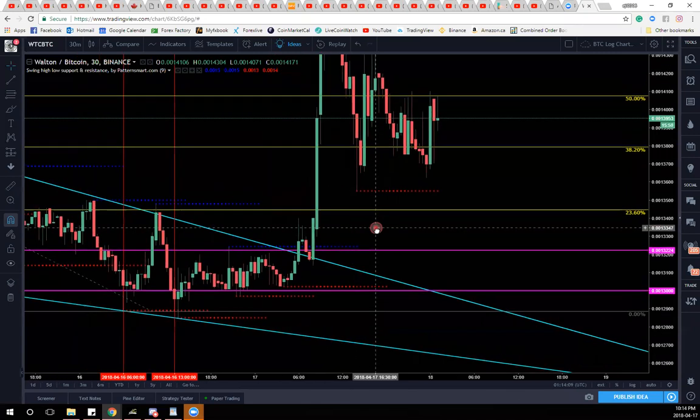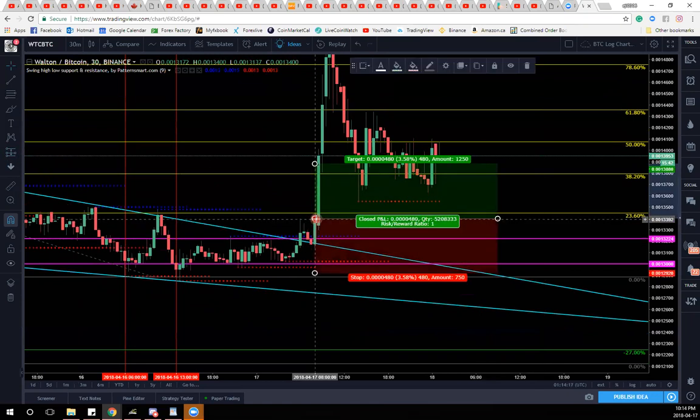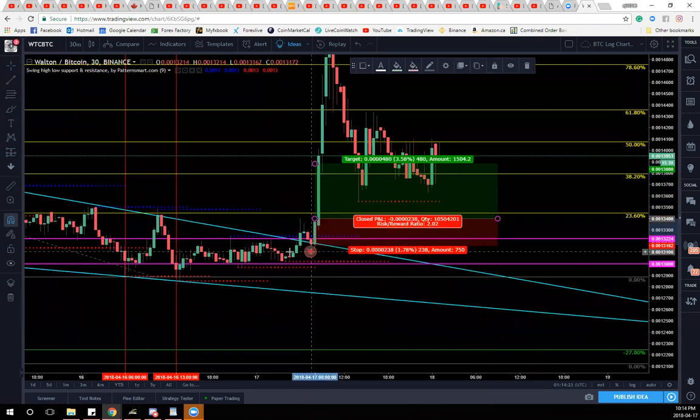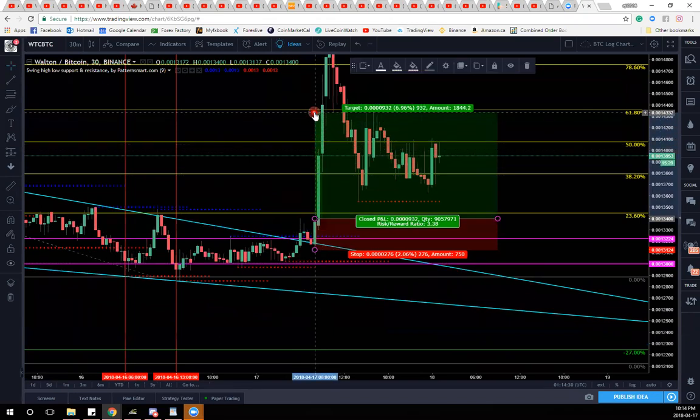But see, if I do this here, I'll show you the setup. Even if I enter at the end of the 30-minute candle, I put my stop loss just below the bullish engulfing candle, and I target the 618, I get a 3.38 reward to risk ratio.